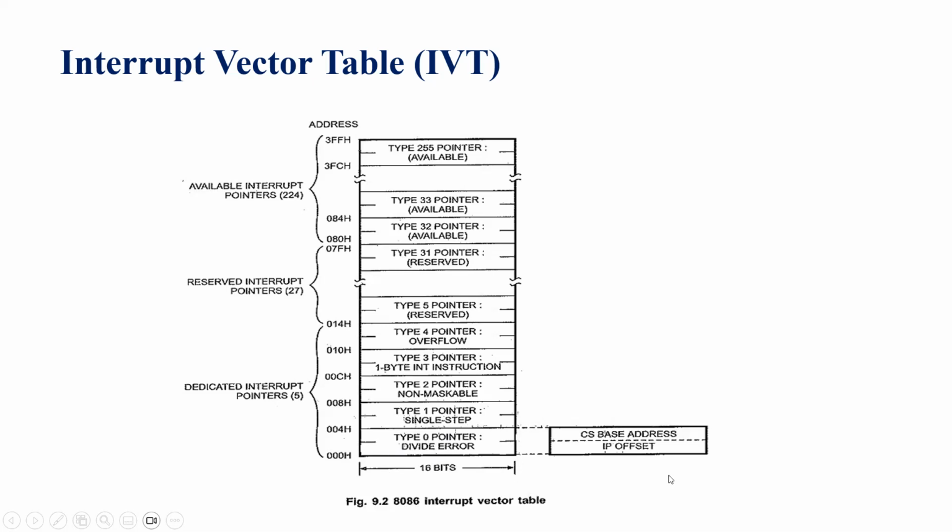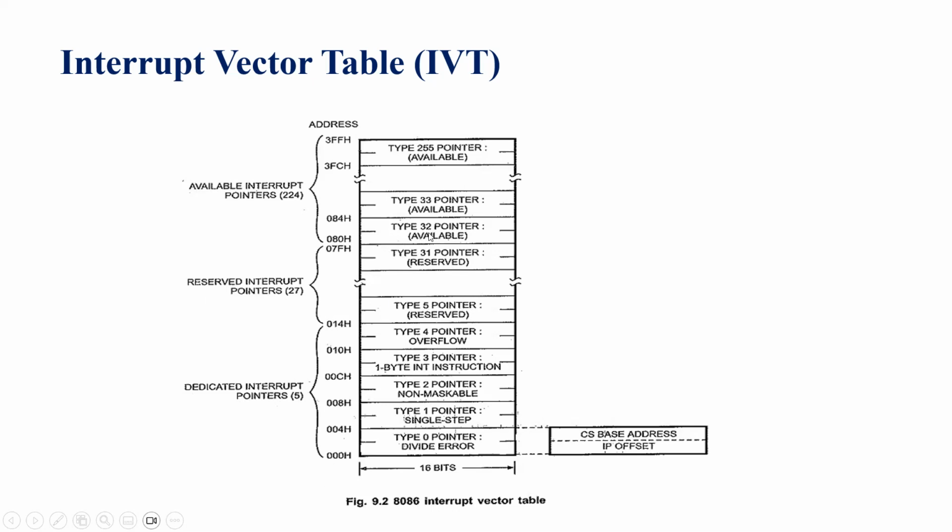Out of these 4 locations, 2 locations we dedicate for the offset address, which is the IP value of our service routine, and 2 more locations we dedicate for the CS value, which is the base address of our interrupt service routine. See here, friends, 5 interrupts we consider as dedicated interrupts, that is type 0 to type 4. Later, type 5 to type 31 we consider as reserved interrupts. Their count is 27.